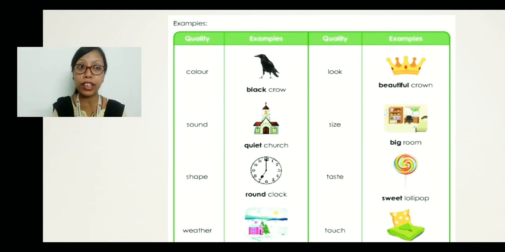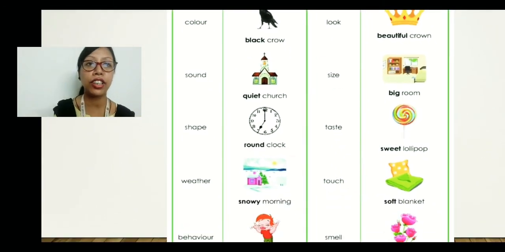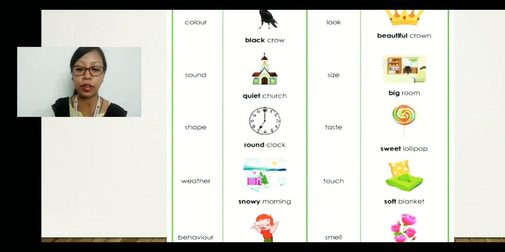We have to look at the dress, then only we can say whether it is beautiful or not. Then we have the quiet church. Now how can we know that it's a quiet church? When we hear any sound, it is noisy, but when we don't hear, it's quiet, right? Therefore the quality will be sound.